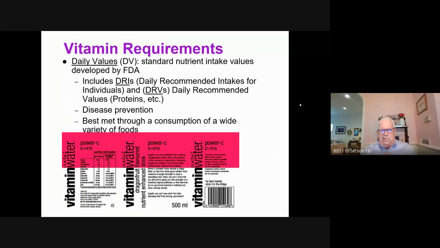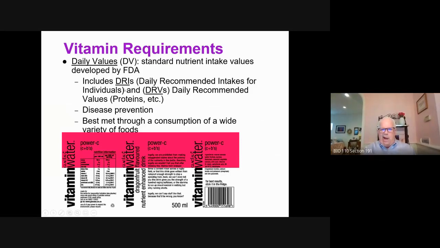There are requirements that all vitamins have to have on their labels. This is vitamin water, a water that has vitamins in it. And it must tell you, here it is, it must tell you what's in it.